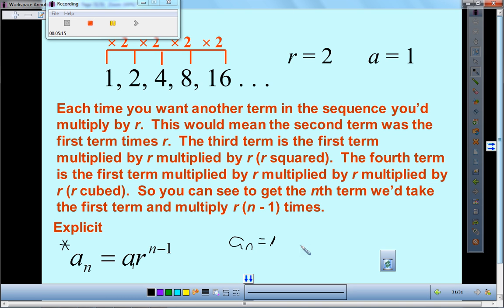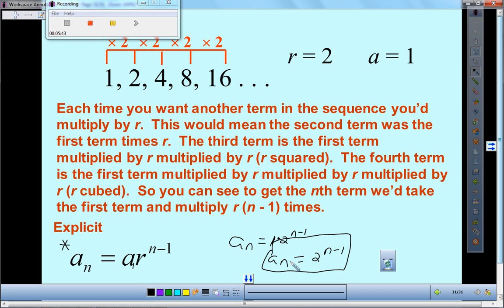And then r, which we found to be 2, to the n minus 1. You'll notice there's multiplication here. The 1's really not necessary, so for our explicit formula here, we'll have a sub n is equal to 2 to the n minus 1. Now, if we wanted to find the 5th term or the 6th term or 7th term, we simply plug that number in for n, and it would give us that term.